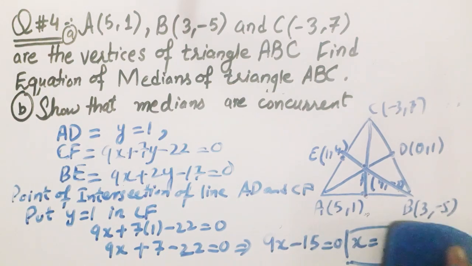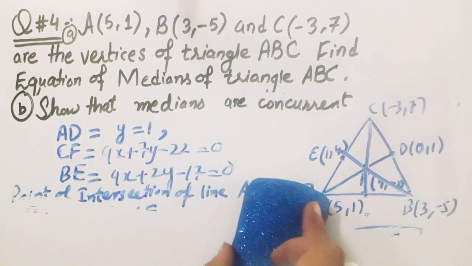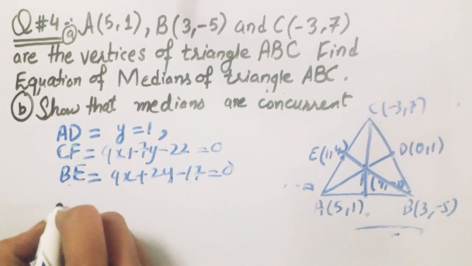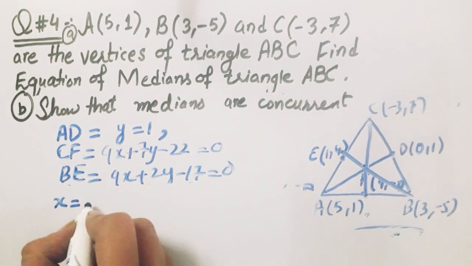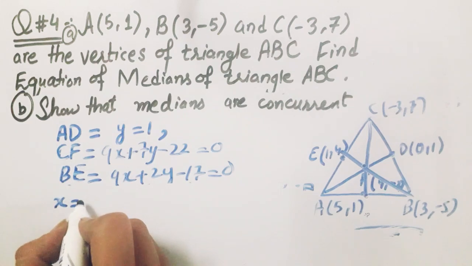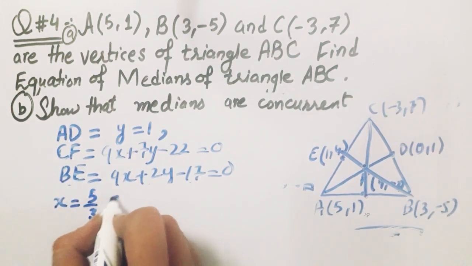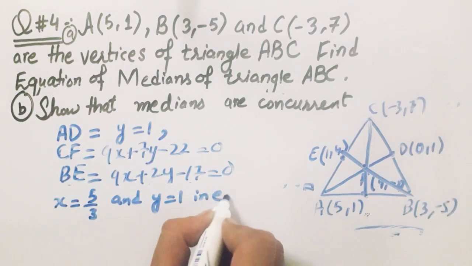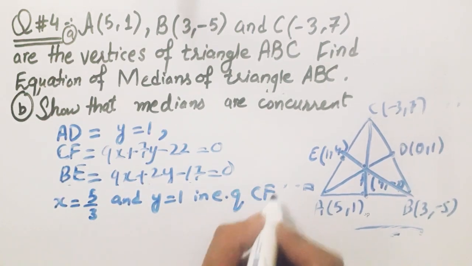So we will put the point of intersection, x is equal to 5 by 3 and y is equal to 1, in the equation of CF.